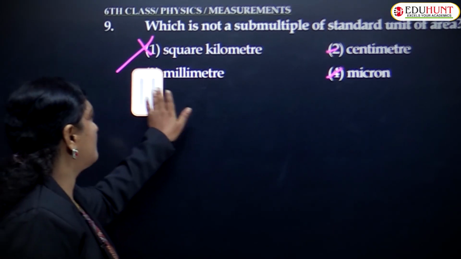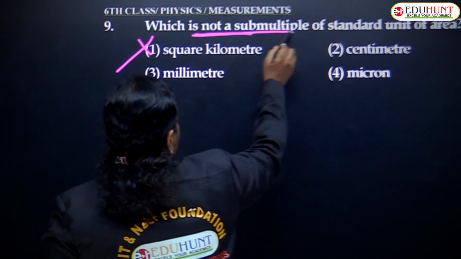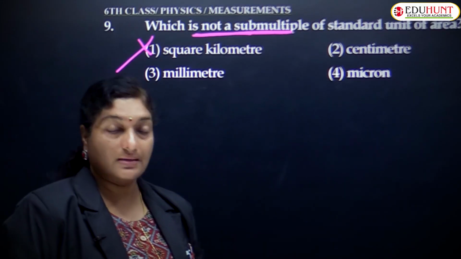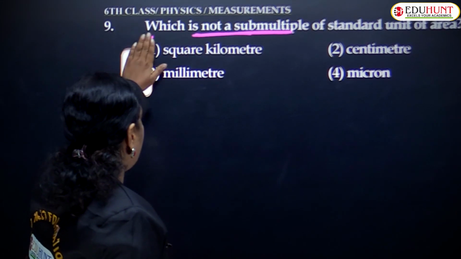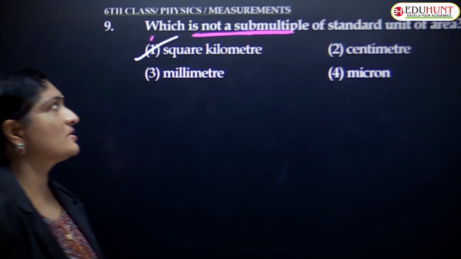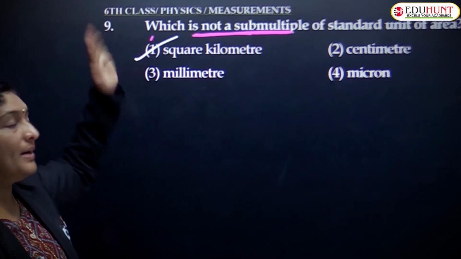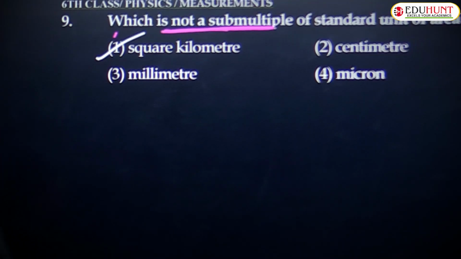Hence, your answer would be the first option, because they have asked which one is not a sub-multiple. The other three are sub-multiples, except one. So, square kilometer is a multiple, not a sub-multiple. So, moving to the next question, children.